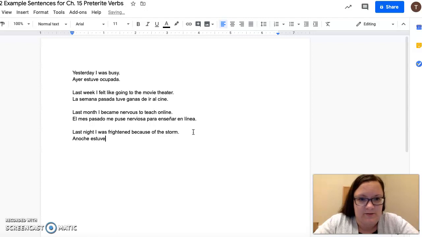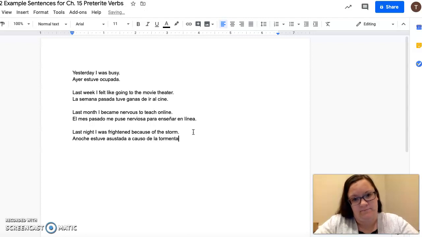So it's going to be estuve, just like our example sentence up at the top, and then I'm going to say asustada, frightened, and then I could say a causa de la tormenta.